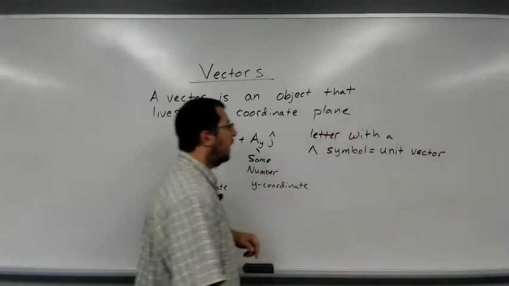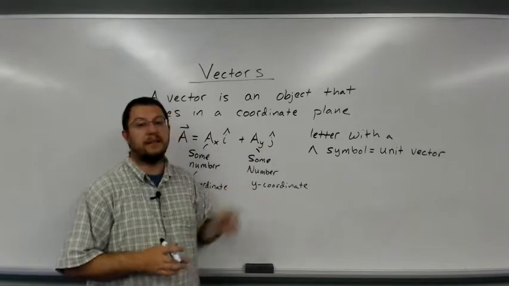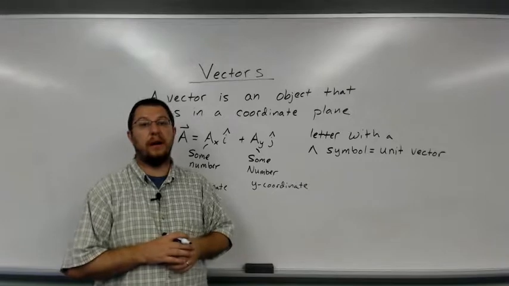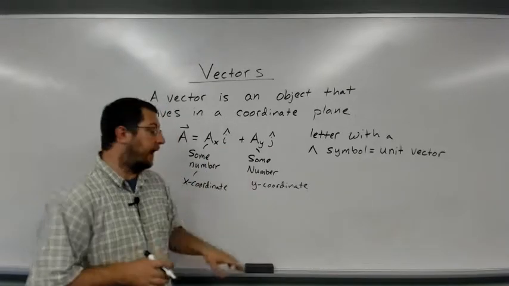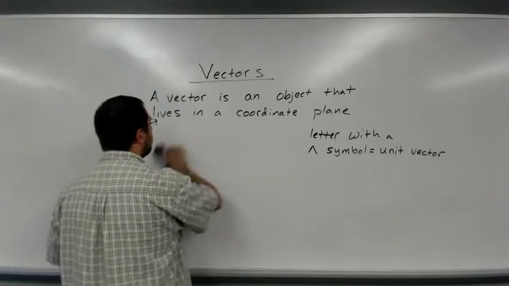Any letter with the hat symbol is a unit vector. Now, for our purposes, we're going to restrict our letters to i, j, and k.